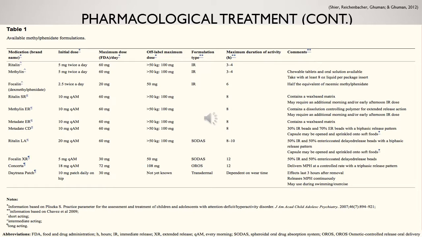Now, both methylphenidate and amphetamines are available in once or twice daily long-acting formulations and have empirical support for short-term efficacy and safety and long-term effectiveness and tolerability. Tables 1 and 2 show a listing of the available methylphenidate and amphetamine formulations.